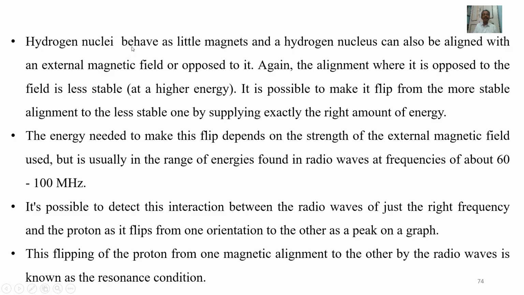Hydrogen nuclei behave as little magnets, and a hydrogen nucleus can be aligned with an external magnetic field or opposed to it. Again, the alignment where it is opposed to the field is less stable and at a higher energy.